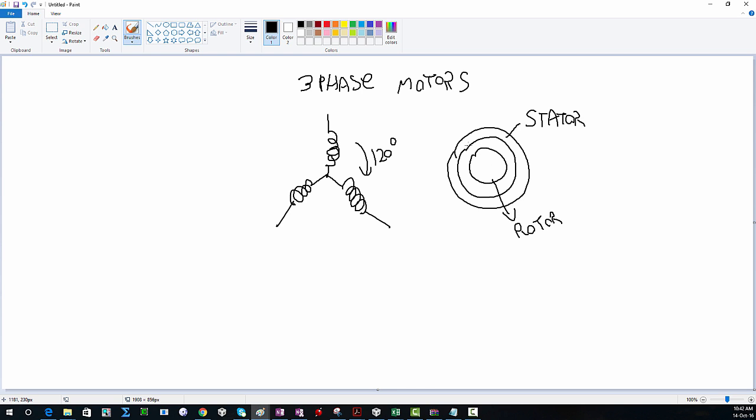Now in three-phase coils, this is actually a magnet that is divided to 3 or 6 or 9 or whatever, but it depends on the number of coils that we will have on the outside area.